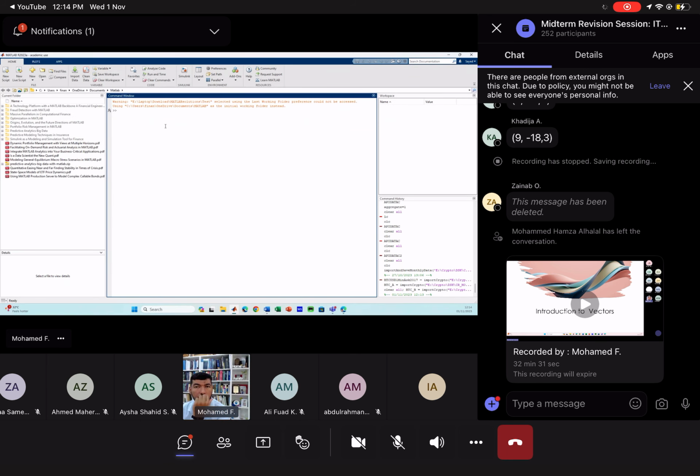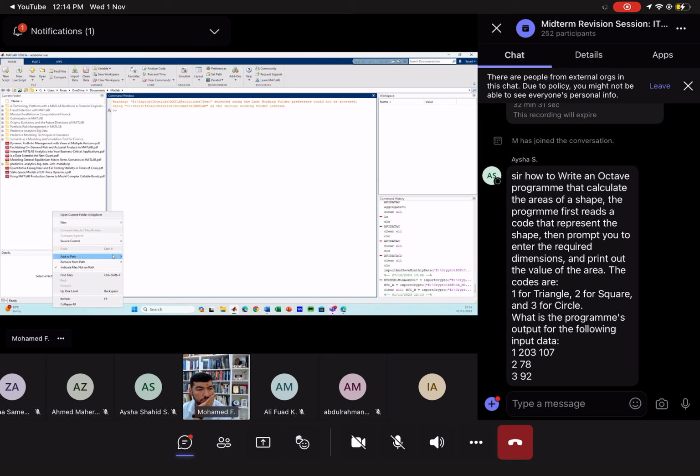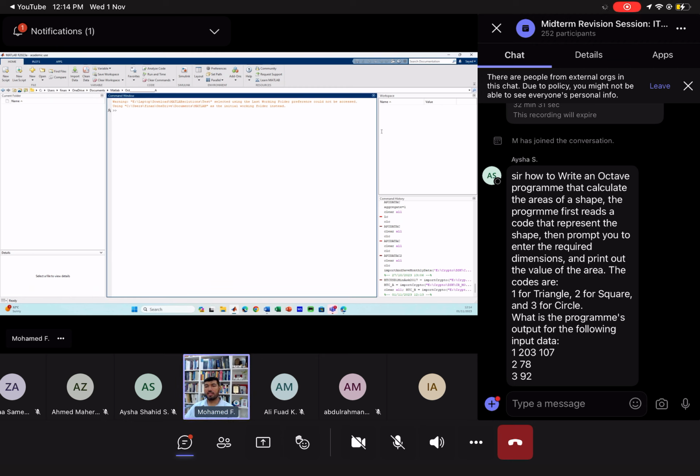Okay, so I have a folder. This is the MATLAB, which is the same as Octave. The difference that you have is if you open, later we look at it.